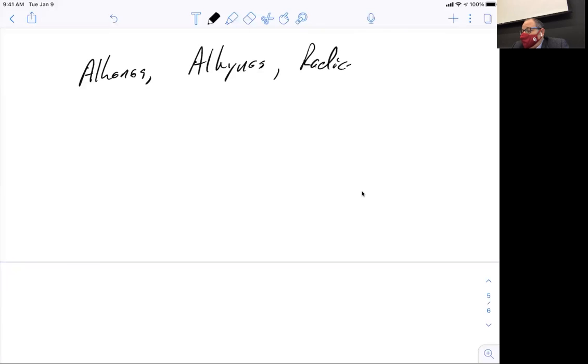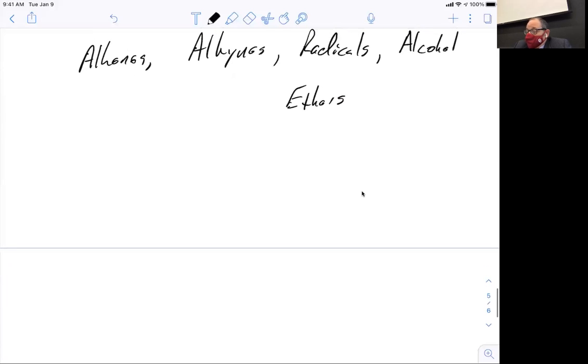Radical reactions, alcohols, and ethers. And we haven't focused much on nomenclature for these. We're really focusing on mechanisms, predicting products, and selecting reagents.